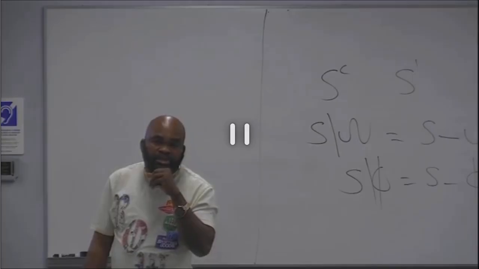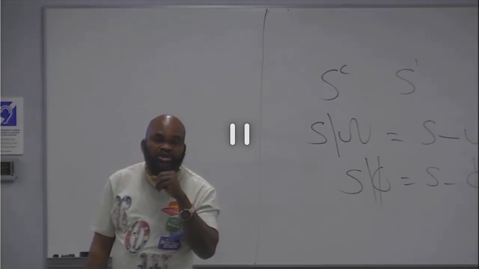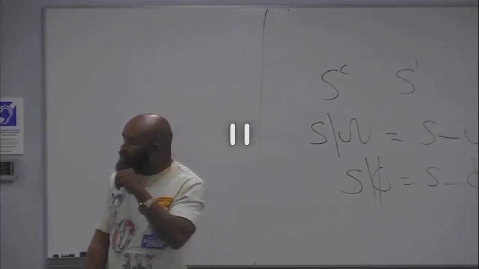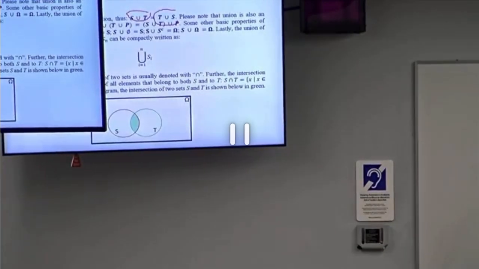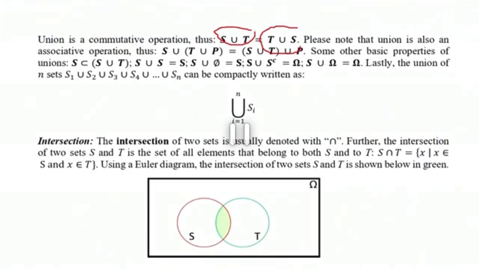So union is commutative. That's what it means. We can also talk about union when we have more than two sets, and we're going to call that associative.